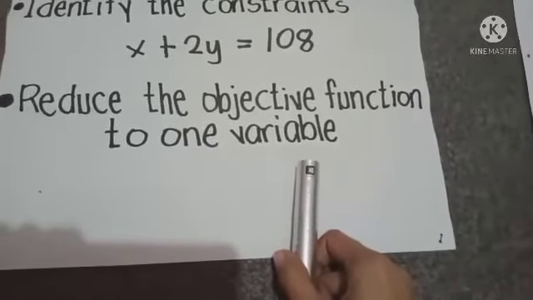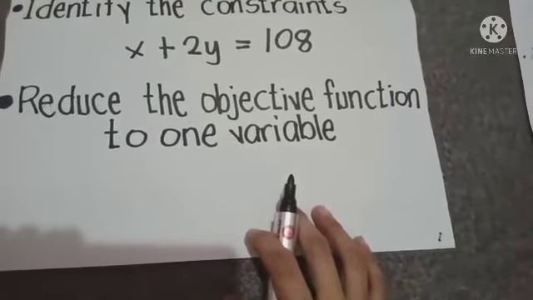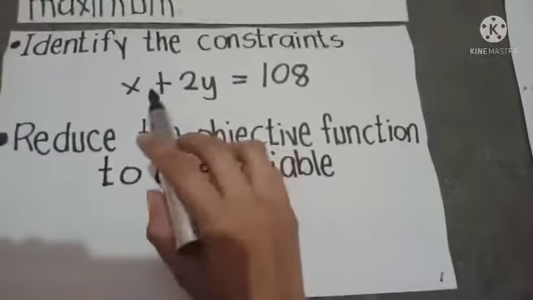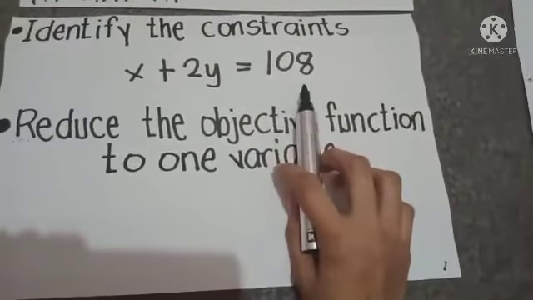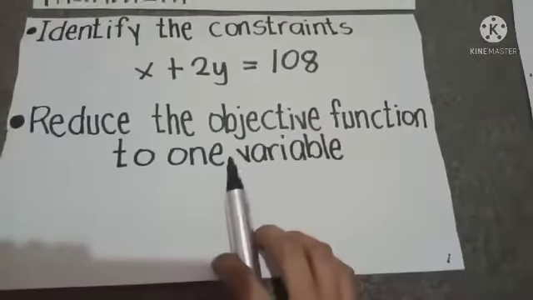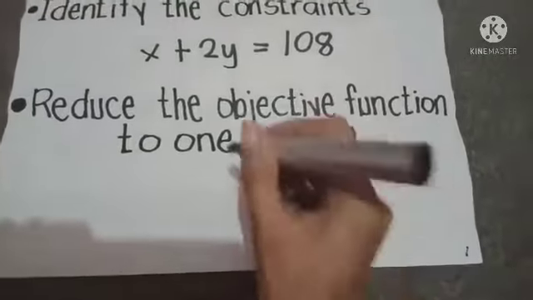In reducing it into a single variable, we always use the constraints. From the constraint x plus 2y equals 108, we just have to express the equation into x in terms of y.